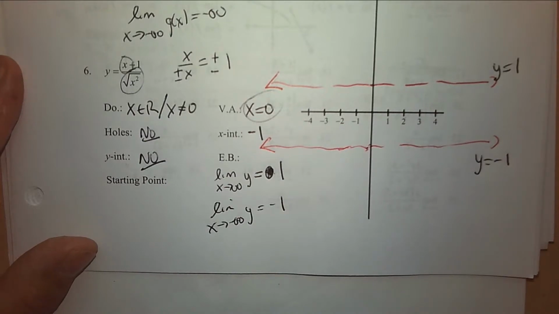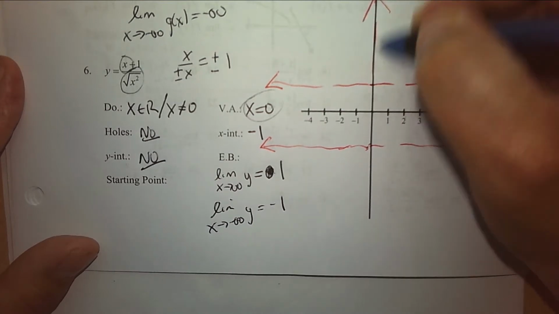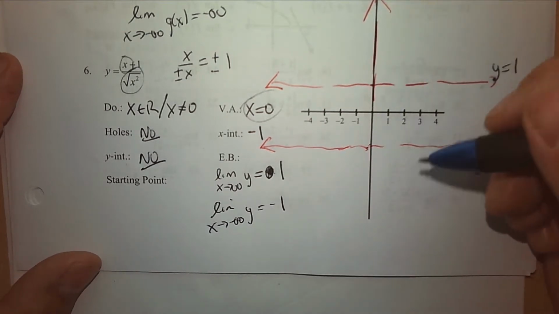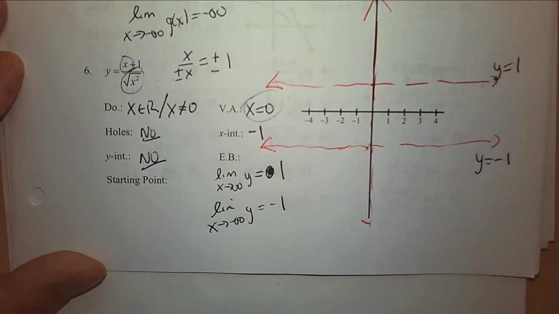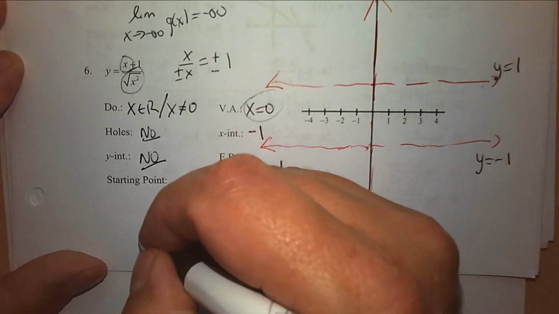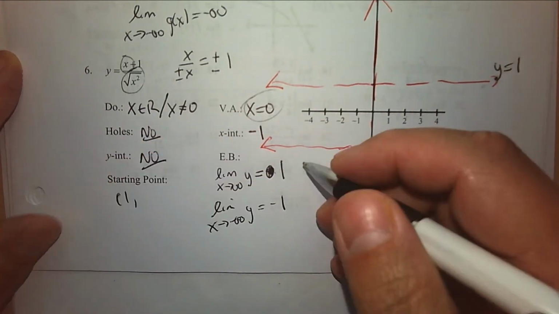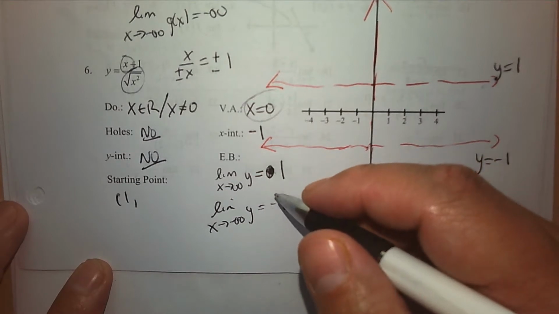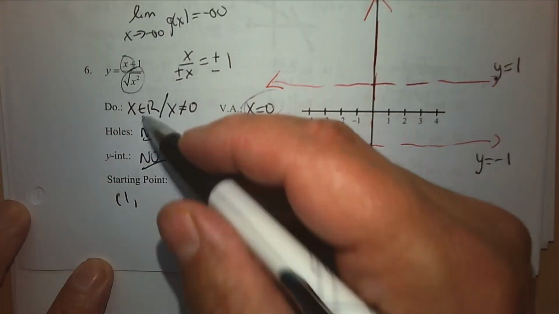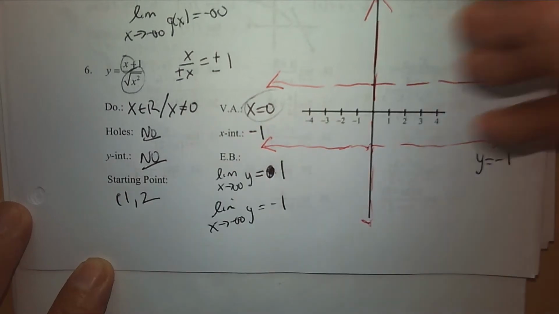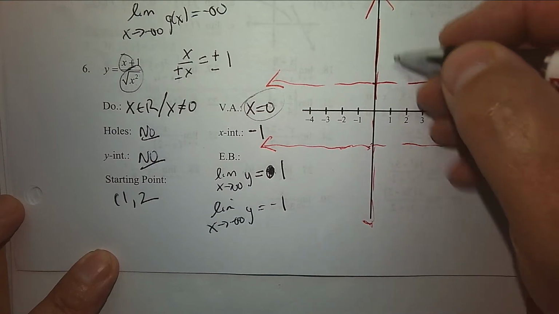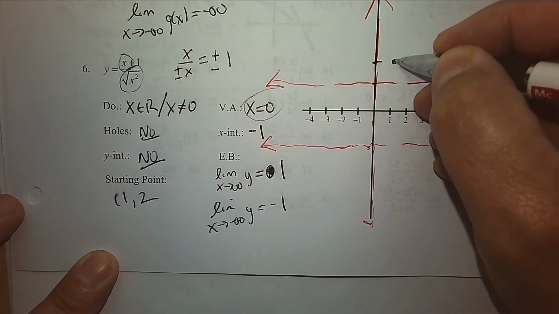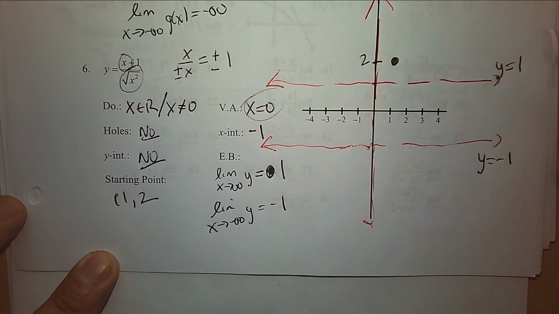What's a good starting point? Can we figure out a point here? Because we also have a problem at 0, right? What's going to happen? So, what's a starting point? What would happen if I plugged in positive 1? What's the answer? If I plug in positive 1, the answer is 2. I like that. What happens if I plug in negative 1?